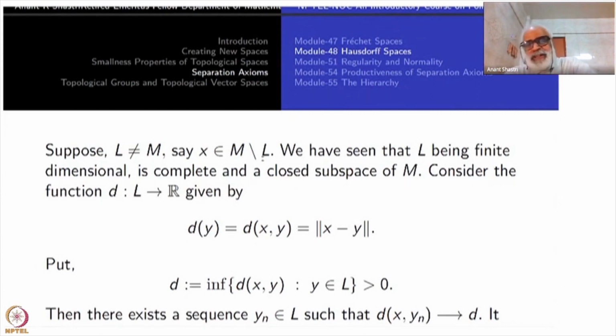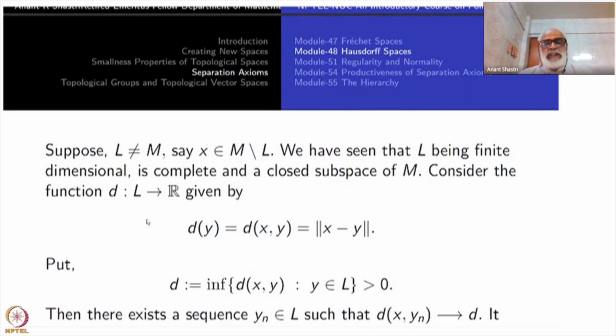I don't want to elaborate that one. L being finite dimensional is complete, and a closed subspace of M. This part we have seen: every finite dimensional normed linear space is complete. Once it is complete, it will be automatically a closed subspace of M.